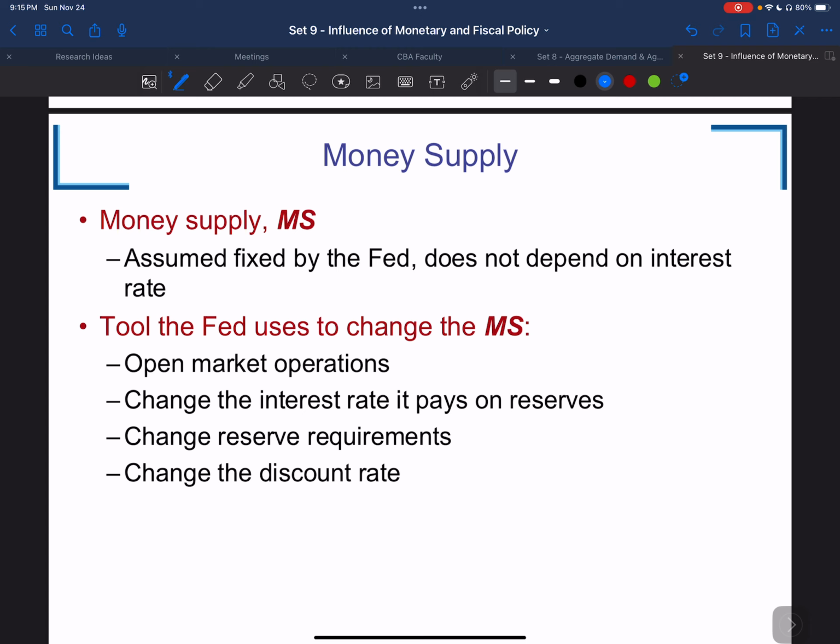So it's the vertical line, and we are assuming that the quantity of money that is supplied is not a function of the interest rate. But how do they actually determine this?